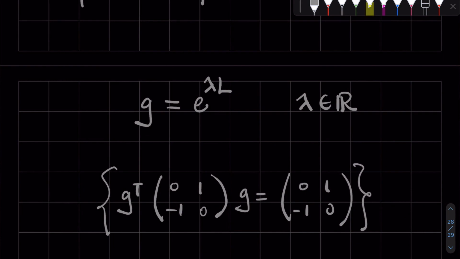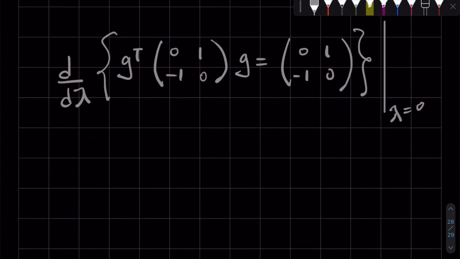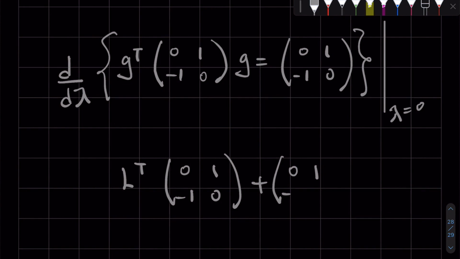We take its derivative and set that equal to 0, that is, we take the derivative of the equation and then set the parameter lambda to 0. Doing this, I get an equation for L: L transpose [0, 1; -1, 0] plus [0, 1; -1, 0] L is 0.